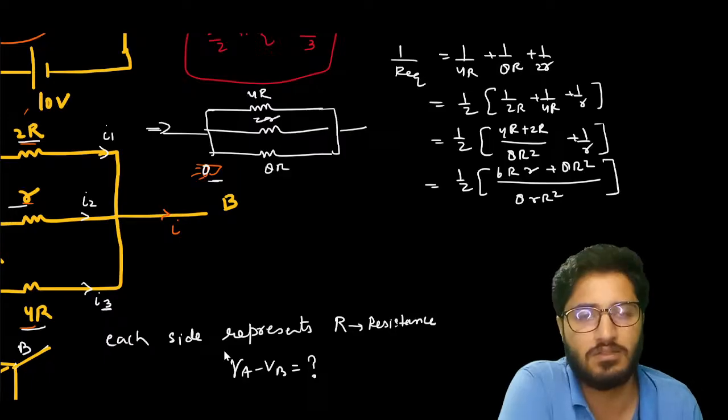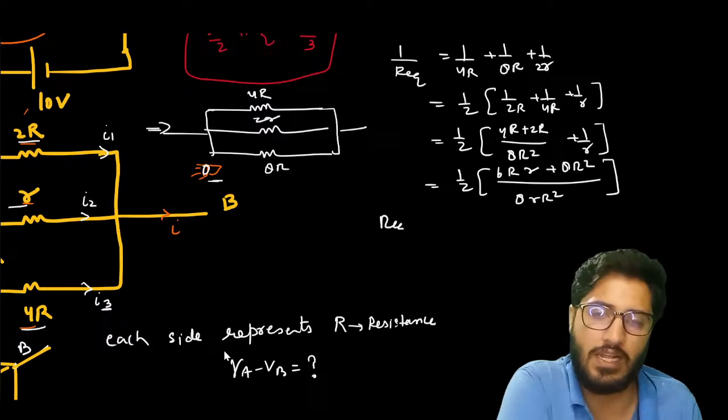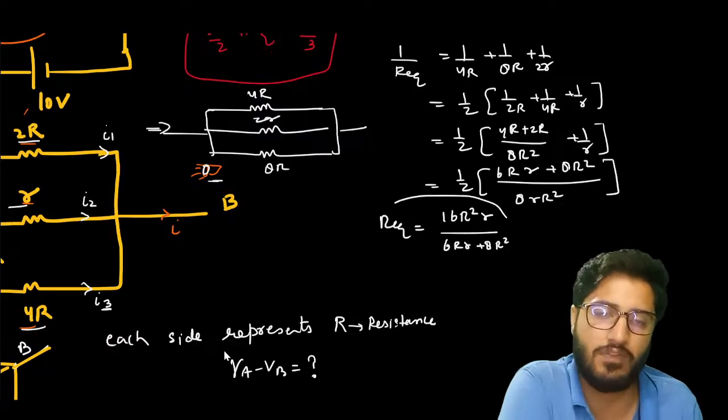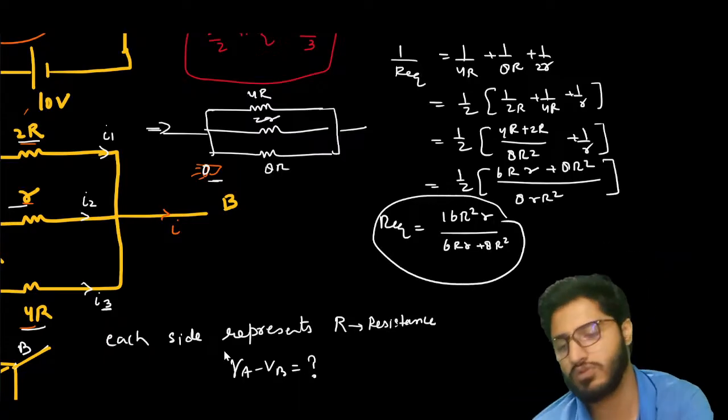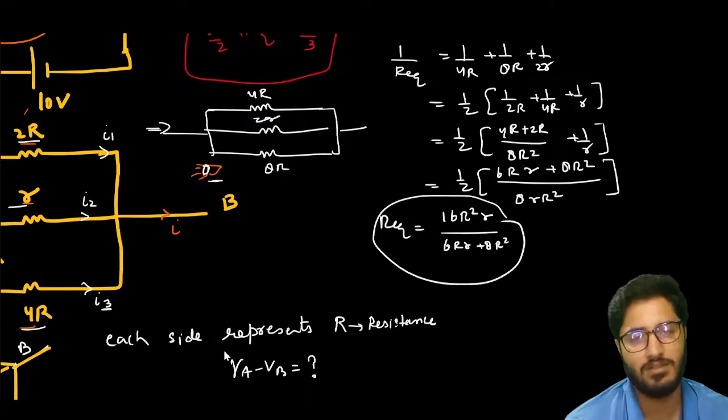Done? So R equivalent, I can write it equals to 16R square into R divided by 6RR plus 8R square. This is my answer.